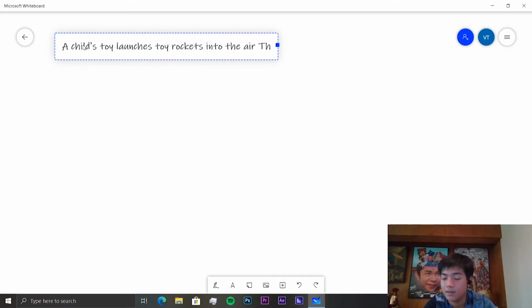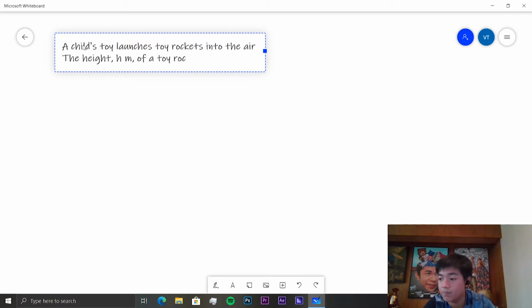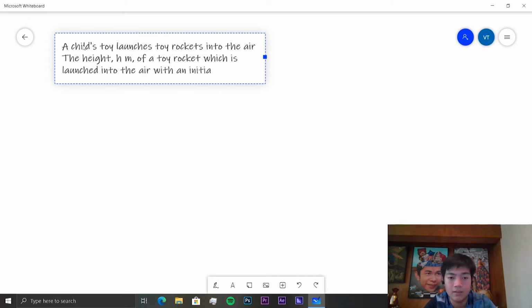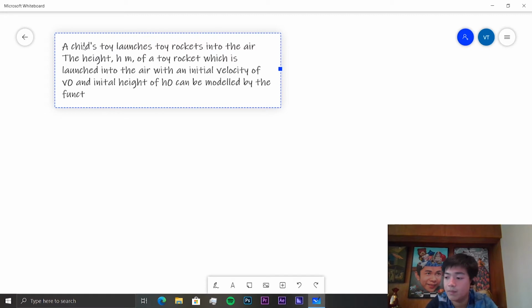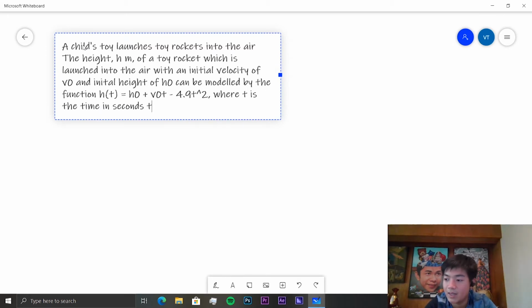The height h meters of a toy rocket which is launched into the air with an initial velocity of v0 and initial height of h0 can be modeled by the function h of t is equal to h0 plus v0 t minus 4.9 t squared, where t is the time in seconds that have passed since the rocket was launched.